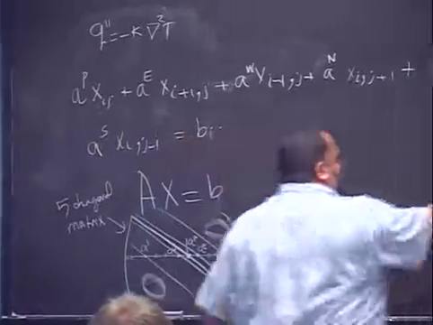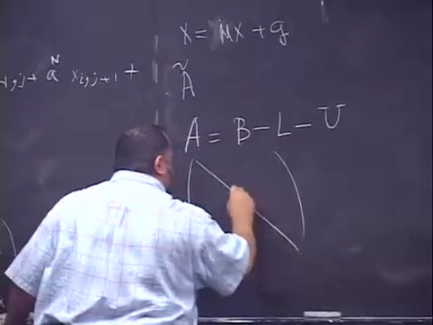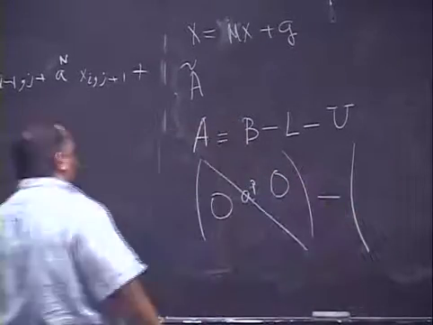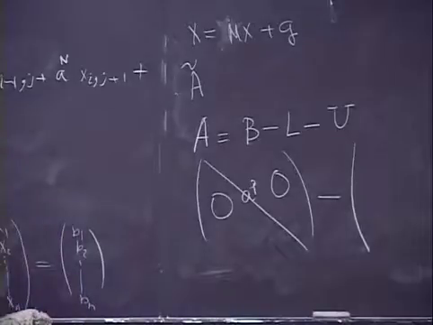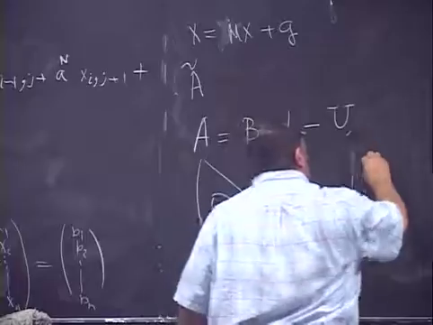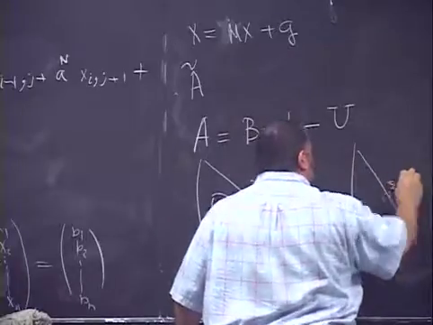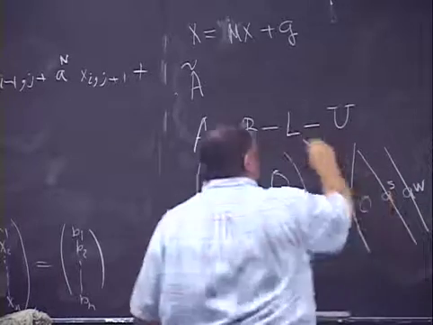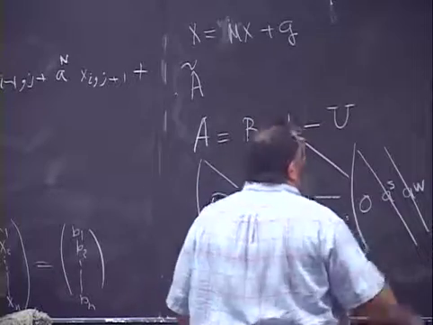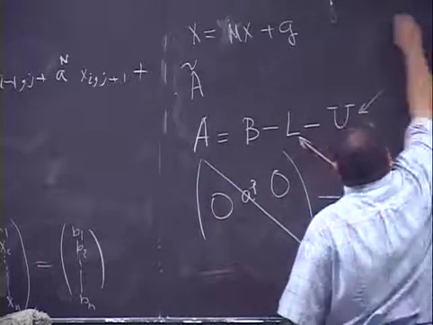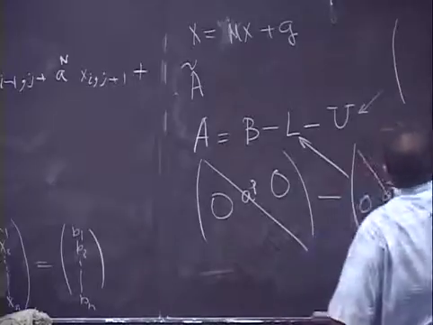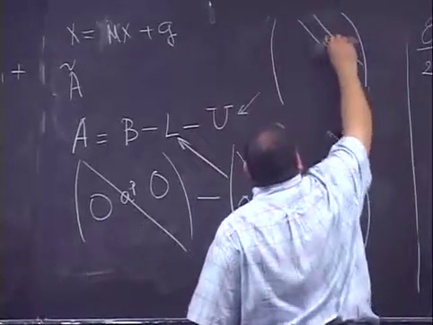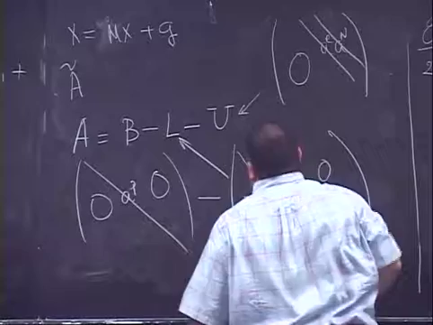So you will have matrix B, just the diagonal with A_P, and everything is 0. And you subtract from it the lower diagonal, which is just the A south, A west, and everything else will be 0. And this is the upper diagonal, and the upper diagonal will be just the other two, which will be A east and A north, and everything is 0.